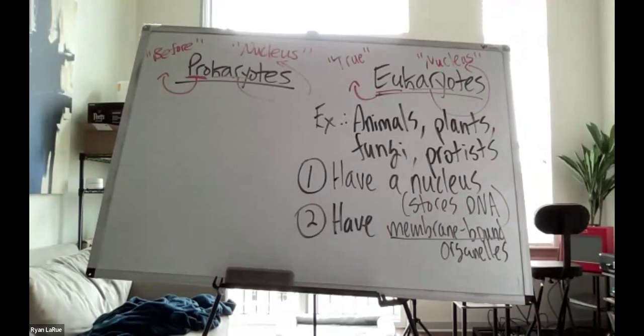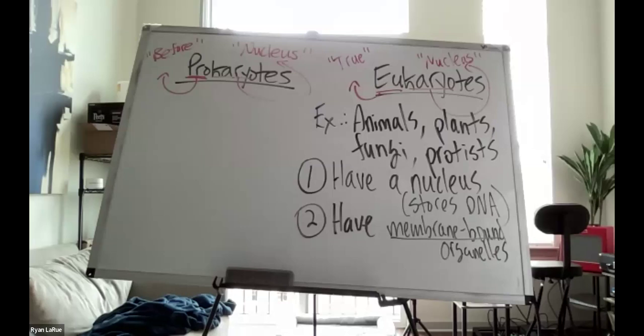Which we're going to talk a lot about next time. These are things like lysosomes and mitochondria and Golgi apparatus, endoplasmic reticulum, all these things.